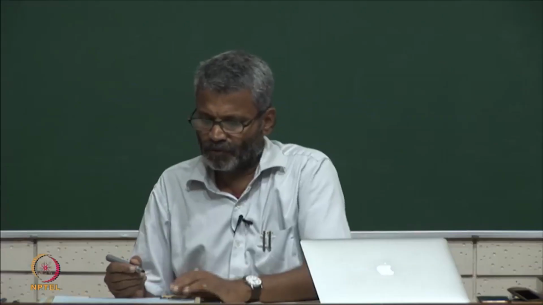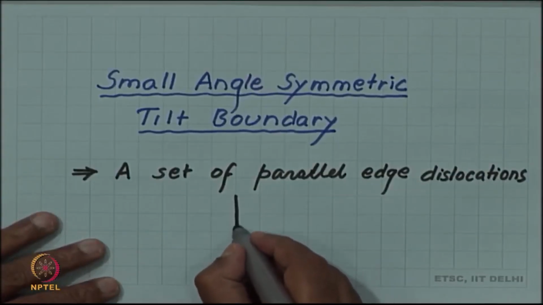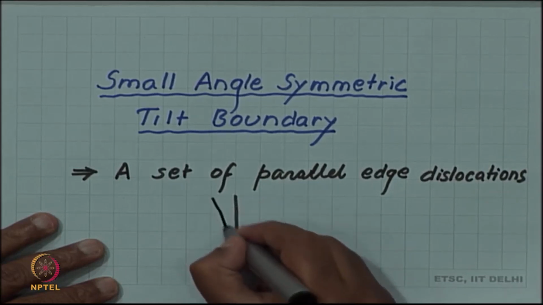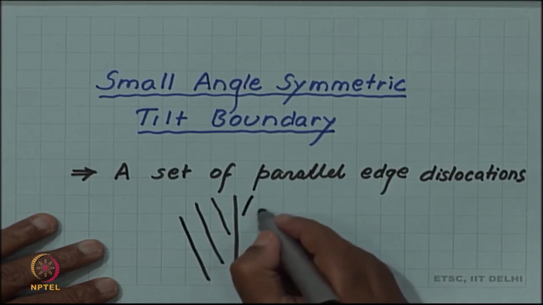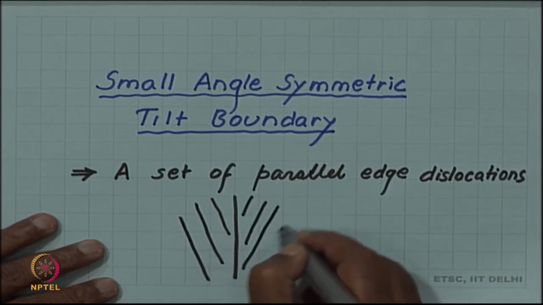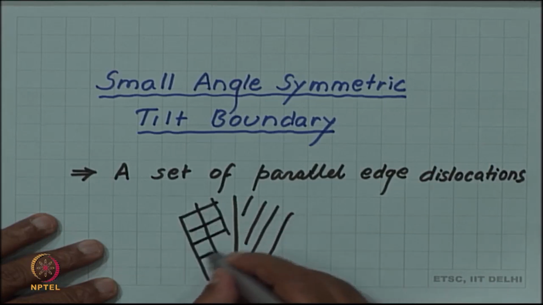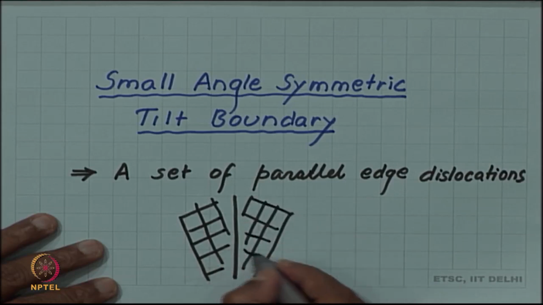So, remember, when we said tilt boundary, we meant a boundary plane such that the grains on either side are rotated with respect to each other such that the rotation axis lies in the boundary plane.